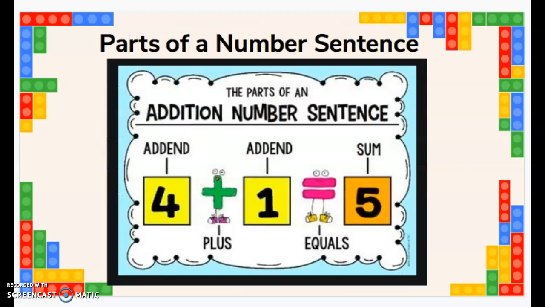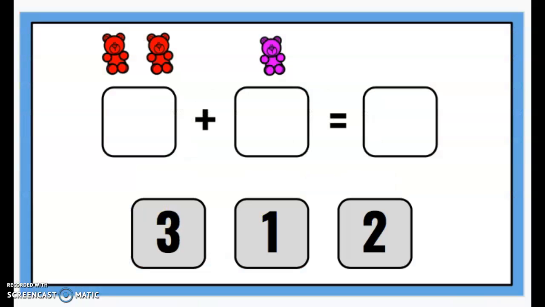So we're going to be working with the plus and equal signs. When we see a number sentence, we have a number, which can be called an addend, plus another number, which is an addend, with our equals and our sum. So let's look at our first example. We have 2 bears plus 1 purple bear equals blank.